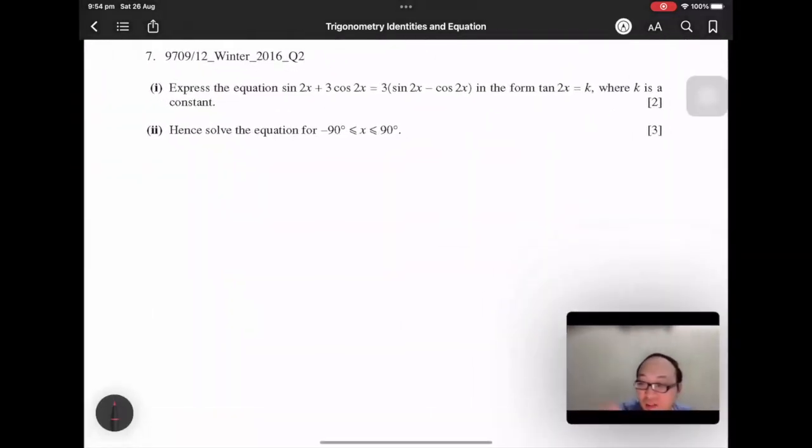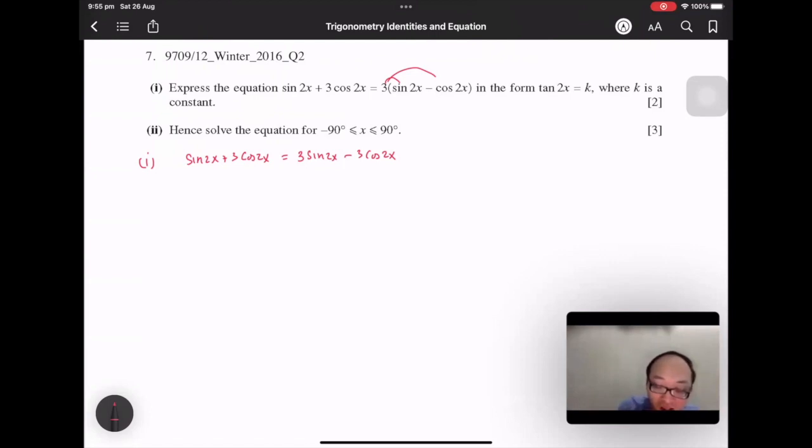Seven, express the equation sine 2x plus 3 cos 2x equals 3 sine 2x minus cos 2x in the form of tangent 2x equals k, where k is a constant. So first, we have sine 2x plus 3 cos 2x equals 3 sine 2x, I expand here, minus 3 cos 2x. And then I will simplify.